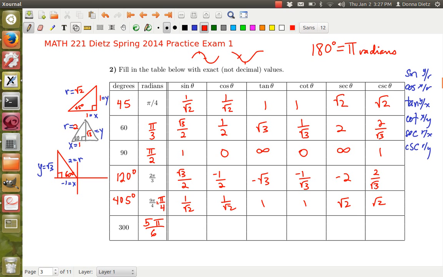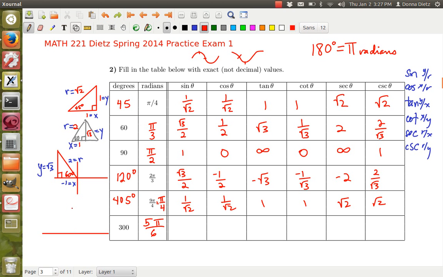There's all sorts of memory devices to help you remember the sequence of sign flips, where sine is S-I-G-N, sign flips. But I don't really like using them. I'd rather just have you draw the triangle and figure them out. At this stage, that's the better way to do it. Later, you can do whatever you want.